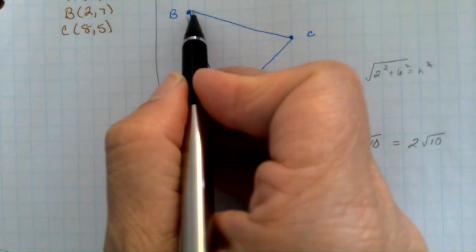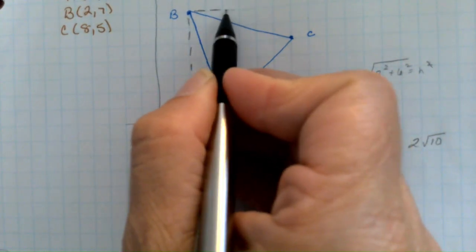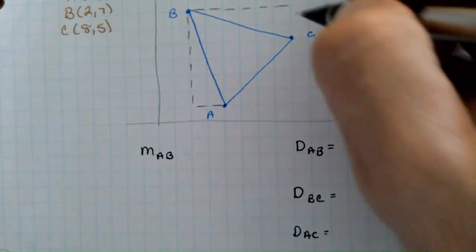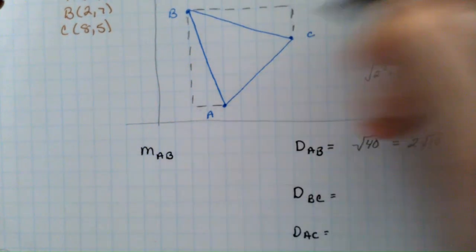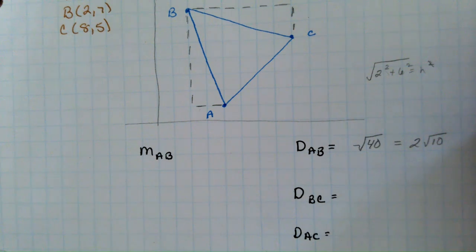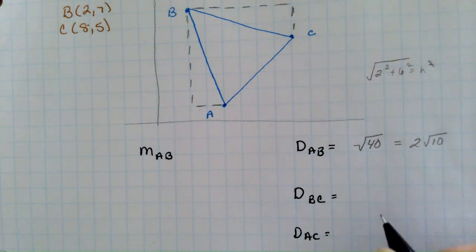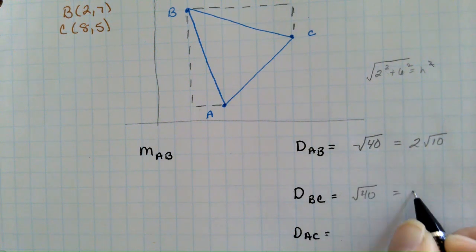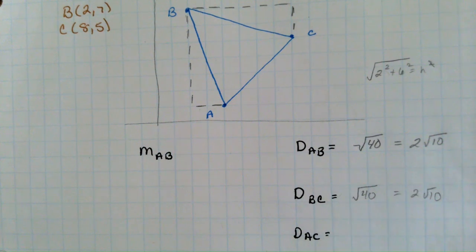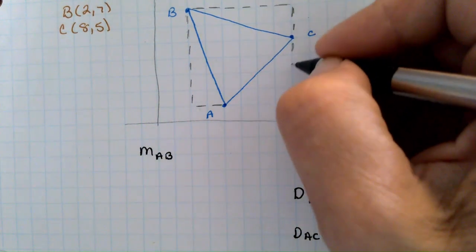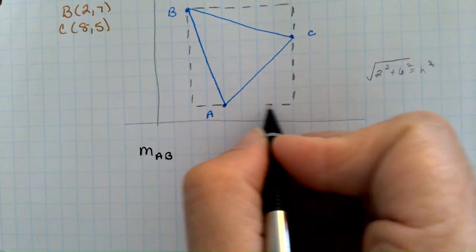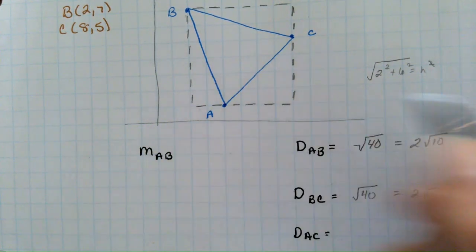Okay, B to C. So 1, 2, 3, 4, 5, 6, 1, 2. So it's 6 and 2 again, right? Same numbers. So again, the square root of 40, which is 2 root 10. And then A to C: 1, 2, 3, 4, 1, 2, 3, 4.